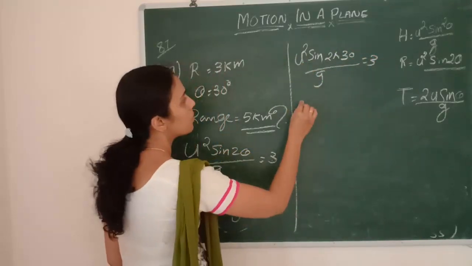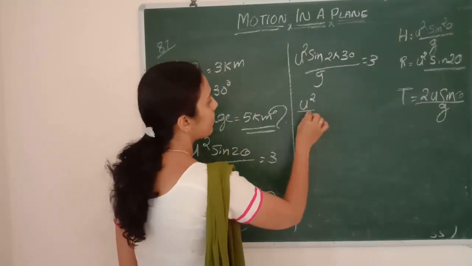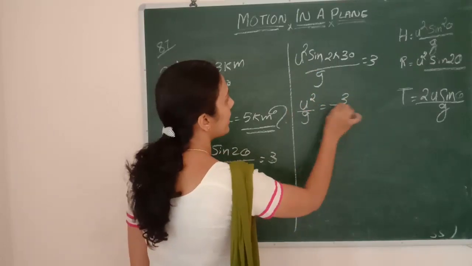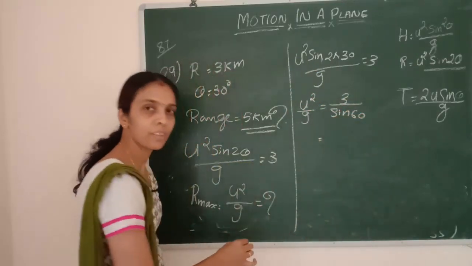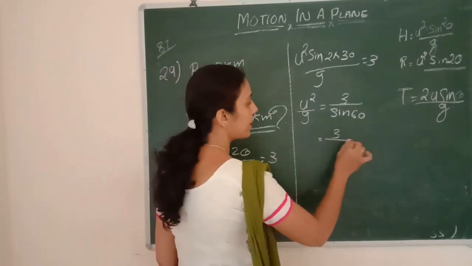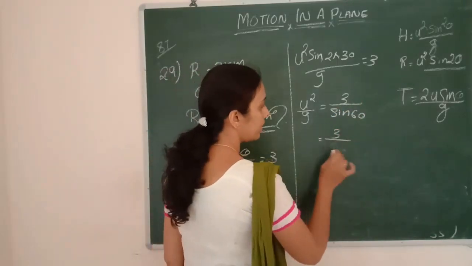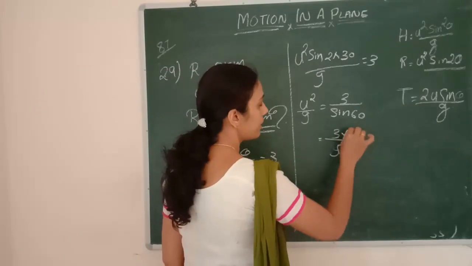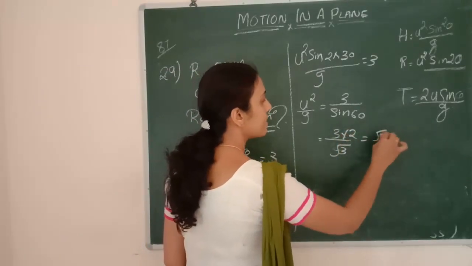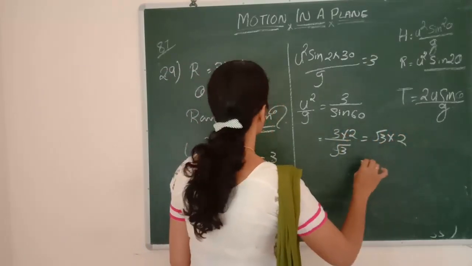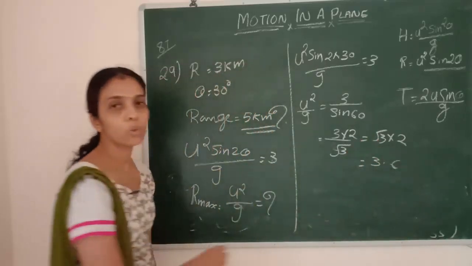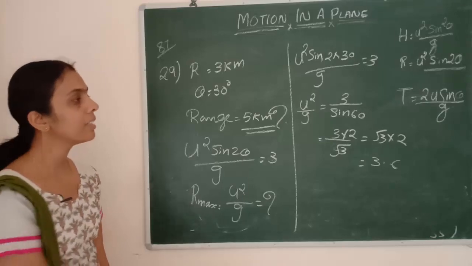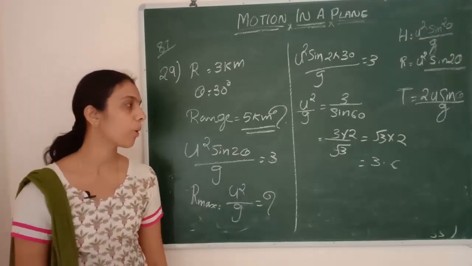So u square by g equals 3 divided by sine 60. Sine 60 is root 3 by 2. So 3 divided by root 3 by 2, we will get root 3 into 2. That one we will get as 3 point something only, isn't it? Root 3 value if we multiply, we will get the value as 3.6 something only.